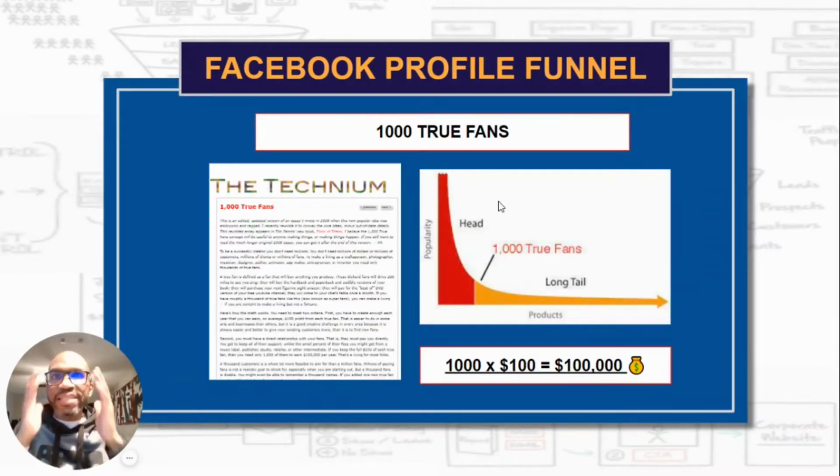But how does that work, right? Well, he explains in the article that a true fan is one that will buy anything you produce. A diehard fan that will drive 200 miles to see you sing. They'll buy the hardback, paperback, and audio version of your book. They'll purchase your products sight unseen. If you have roughly 1,000 true fans like this, you can make at least $100K a year. When you do the math, it makes sense.